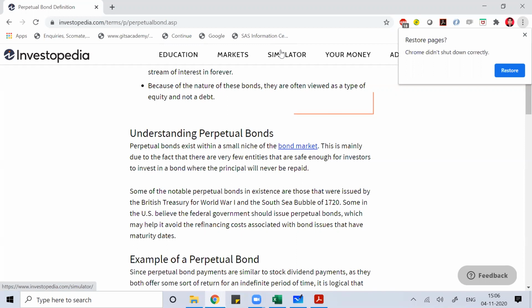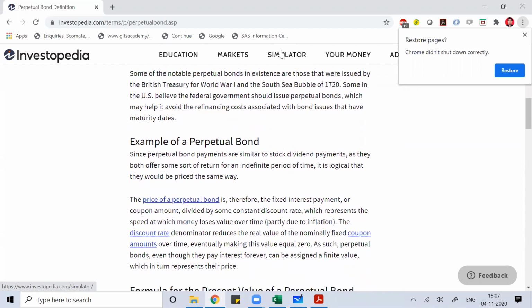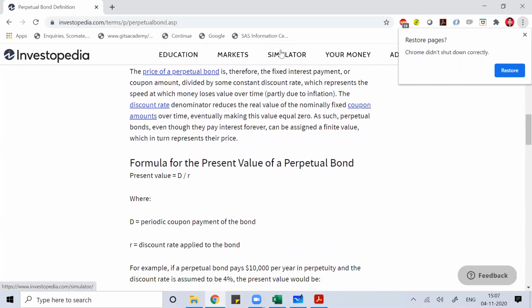That is why it is mentioned that the US should issue perpetual bonds, because then there's no headache of the refinancing cost, which they need to incur whenever one instrument matures and another instrument is issued in the market. So I hope you get an understanding of what a perpetual bond is.